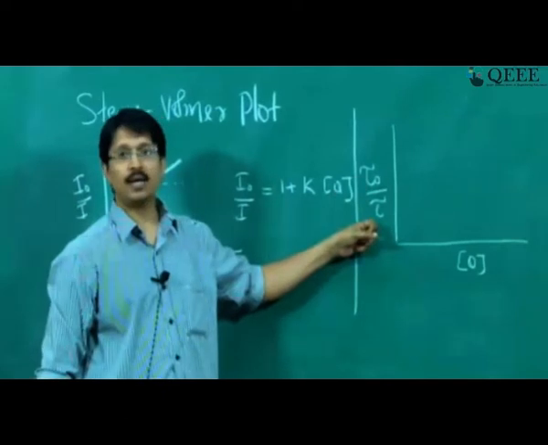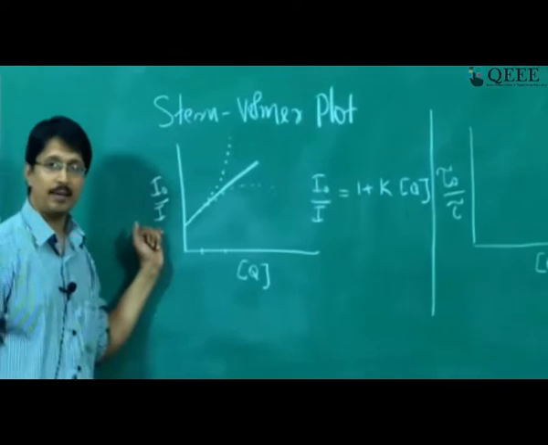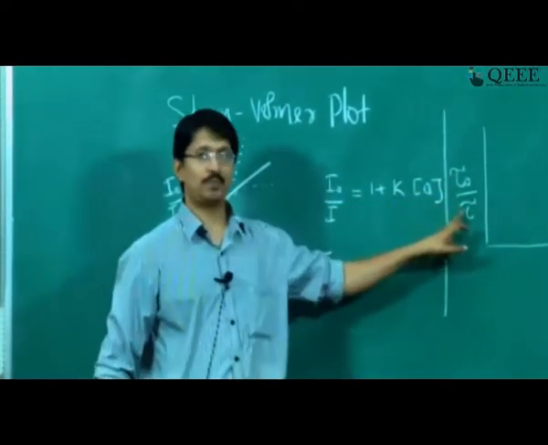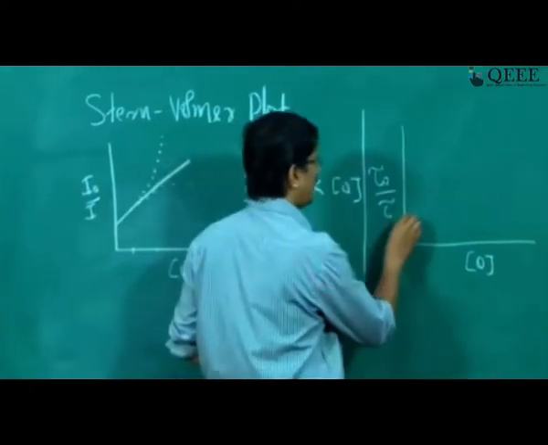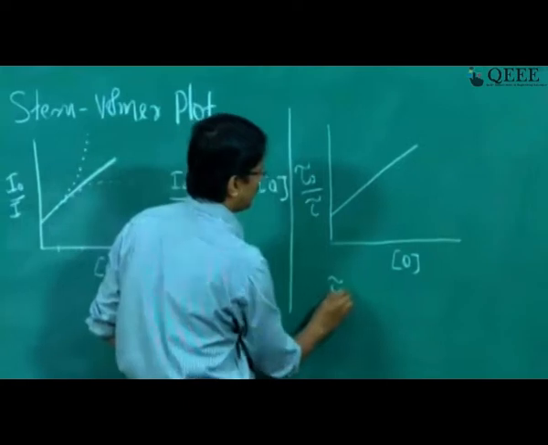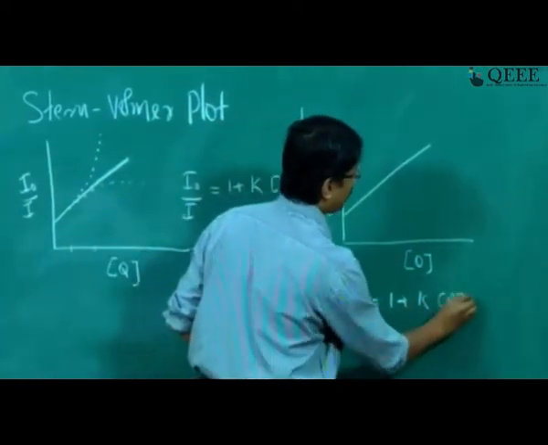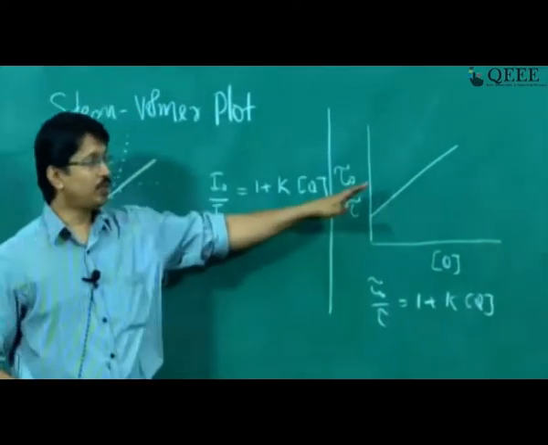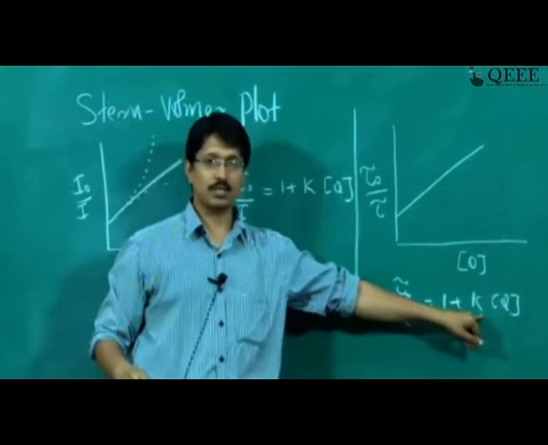Tau is the lifetime of the fluorophore in the presence of quencher. Exactly like I0 by I here, you have tau 0 by tau. When you plot this, you are also supposed to get a straight line, because the equation will be tau 0 by tau is equal to 1 plus k into Q. You are supposed to get a straight line with a slope of this constant.